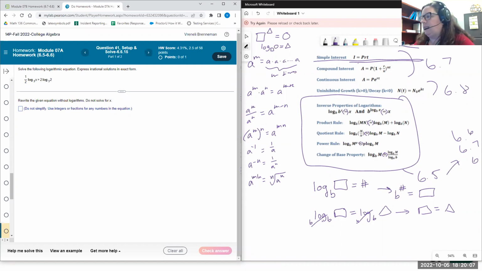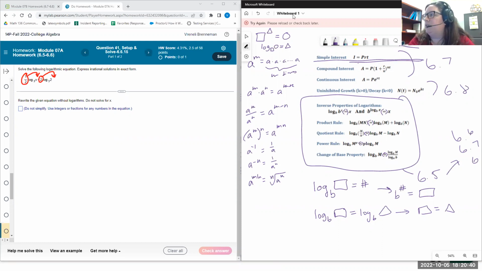I need it to look exactly like log of stuff equal to log of other stuff. So nothing outside the logs. So I apply the power rule, starting with the right side of the power rule and turning it into the left side. So I'm moving those factors, turning them into powers.